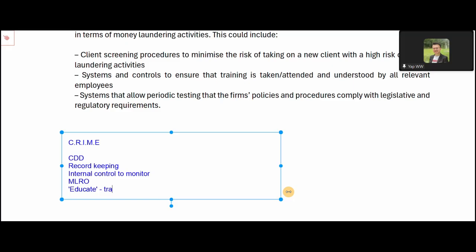Educate means give sufficient training to the audit team members so that they are aware of suspected money laundering. So I use the mnemonic CRIME to remember the 5 things that audit firms will have to do in order to avoid themselves being committed in money laundering offenses.